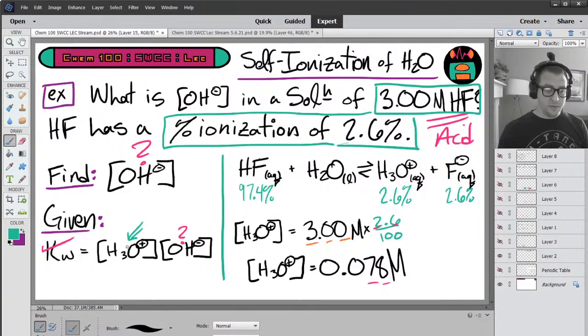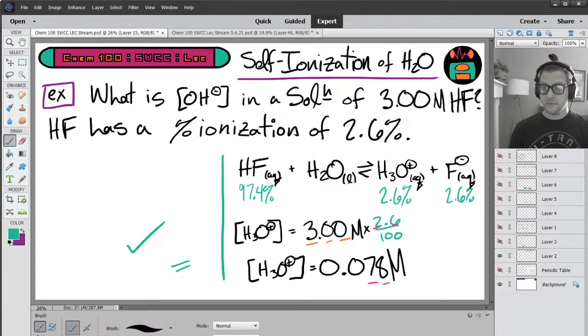Now that we know the concentration of hydronium, we can use the equation for the ionization constant of water to find our concentration of hydroxide.